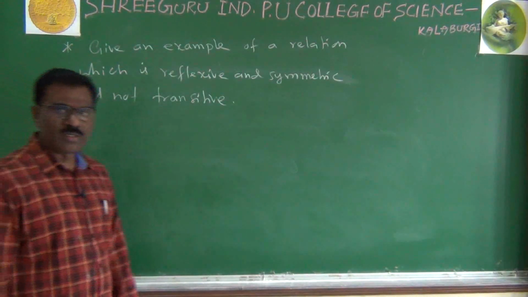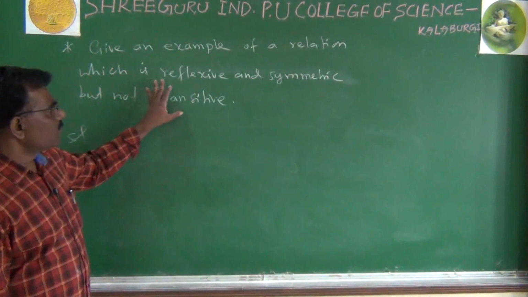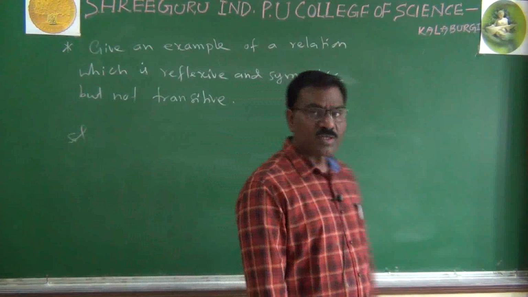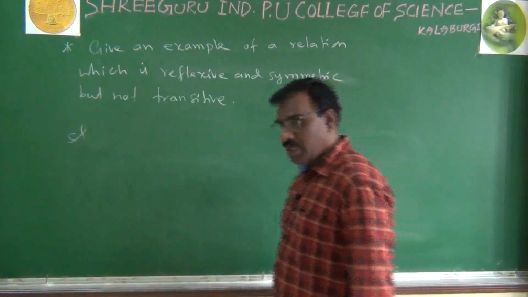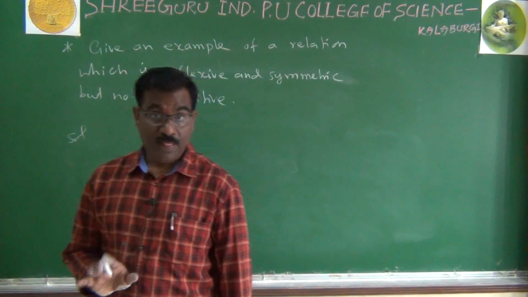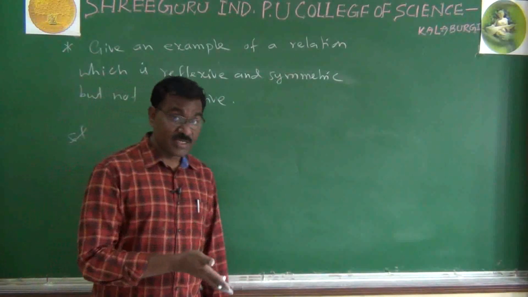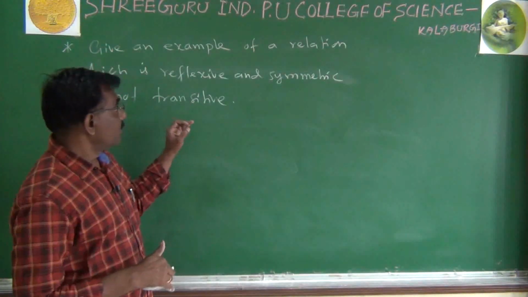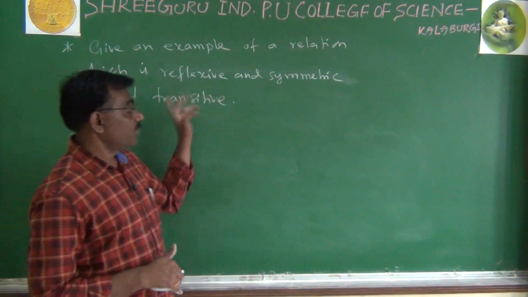This is very simple. What is the condition? Two conditions must be satisfied: reflexive and symmetric, but not transitive. I am explaining only that general standard example. But if you want, you take one set and you should try to practice reflexive, symmetric and transitive.